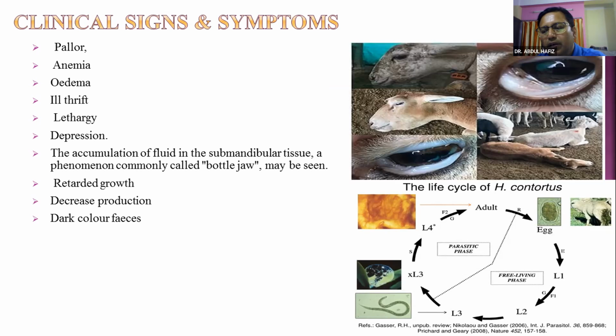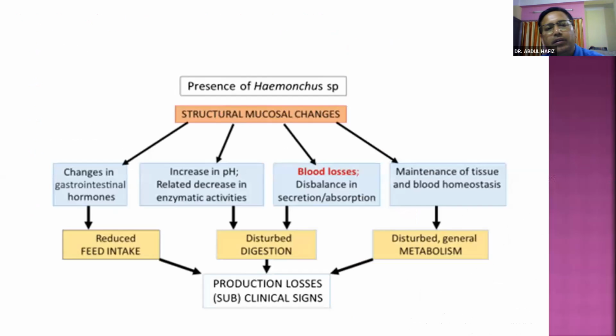So this way, these are the life cycles. Already I have told the life cycle should be controlled properly. Haemonchosis also causes reduced feed intake, disturbs digestion and general metabolism. After all, production losses occur due to the heavy loss of blood.